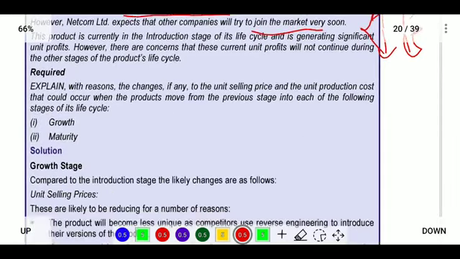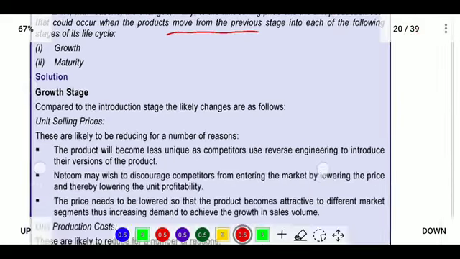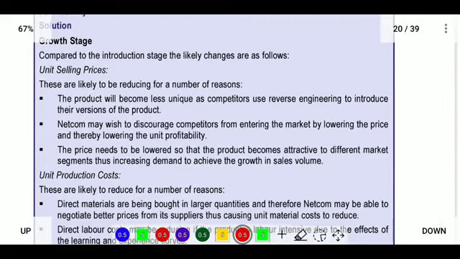Explain the reasons, the changes, if any, to the unit selling price and unit production cost that could occur when the unit product moves from the previous stage into each of the following stages of its life cycle. So what is the growth stage, what is the maturity stage, and what will happen at these stages compared to the introduction stage? The likely changes will be as follows.